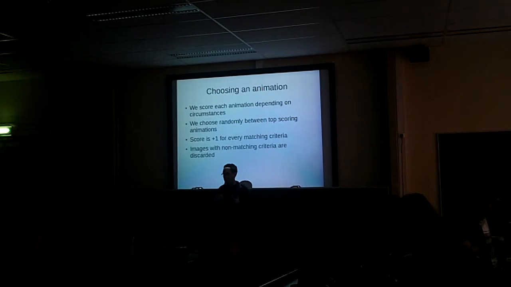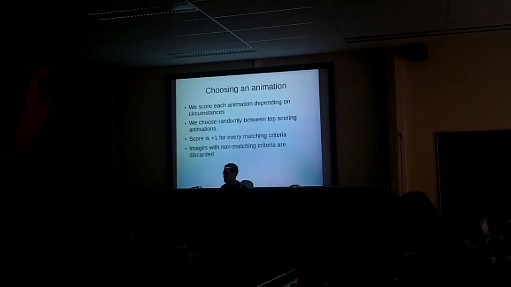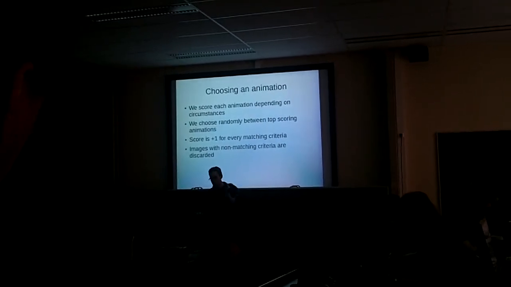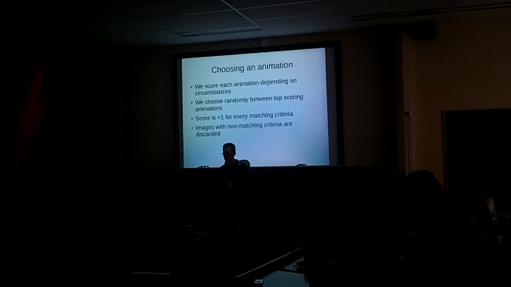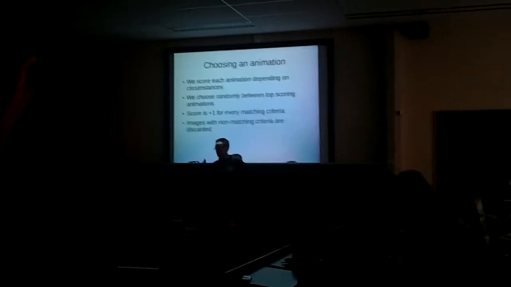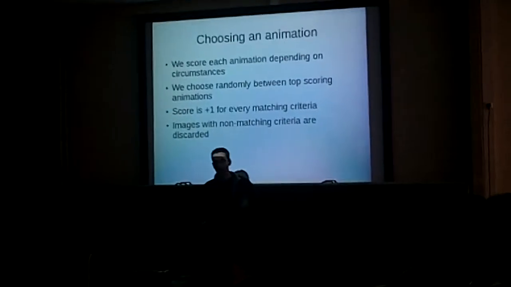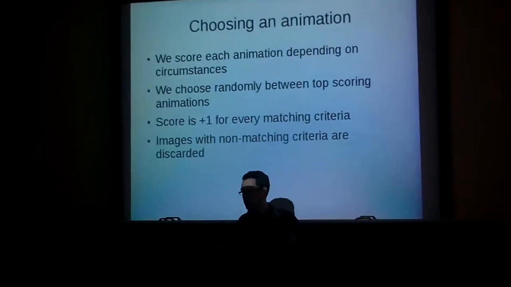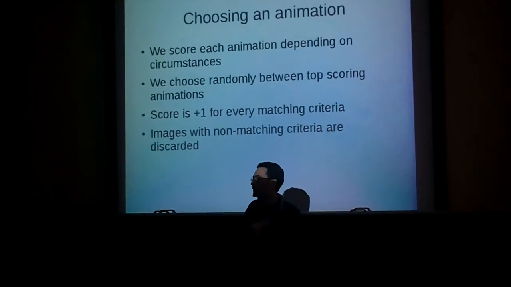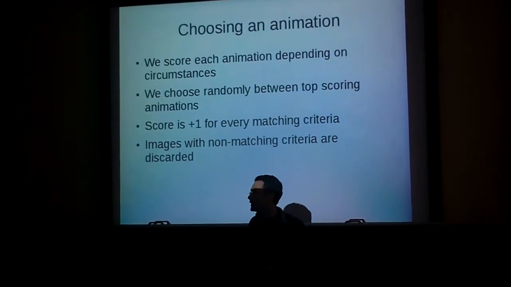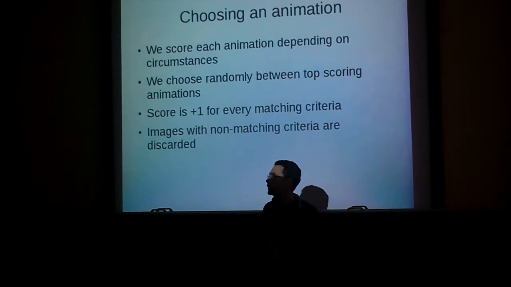So we have to have a good system to choose the best animations depending on circumstances. To do that, each animation will declare how it wants to be played. Like, I am an animation that only works on that type of terrain. Typically, a swimming movement animation will work only on water.